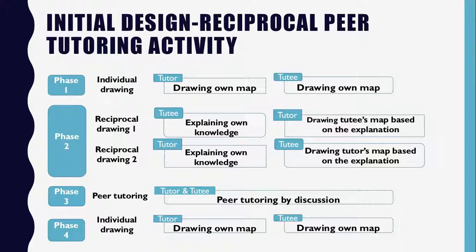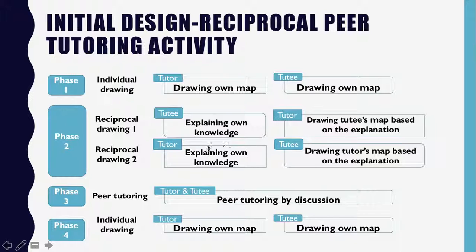So this is my initial design about the reciprocal peer tutoring activity. As you can see, there are basically four phases, and at the very beginning, they will draw the concept map individually first, and at the second phase, at the first step, tutor will explain their knowledge based on the map, and then tutee will draw the tutee's map based on the explanation.